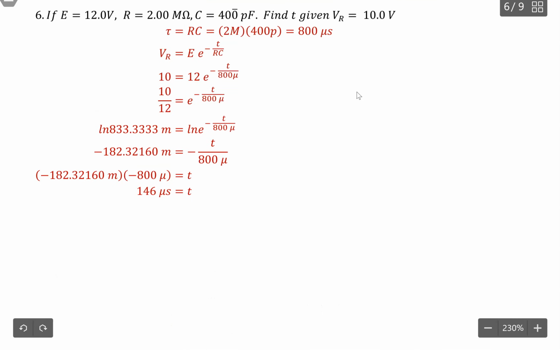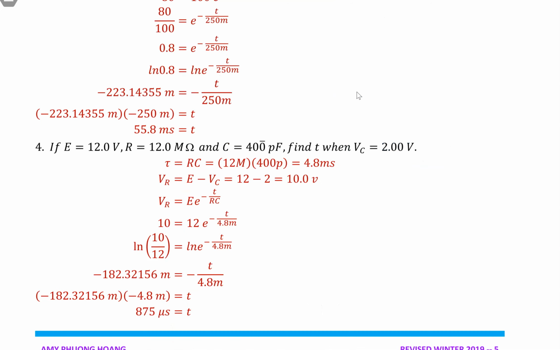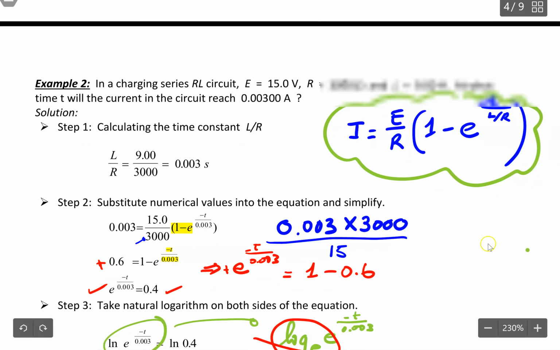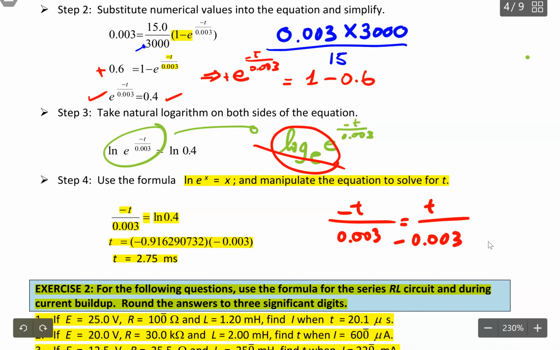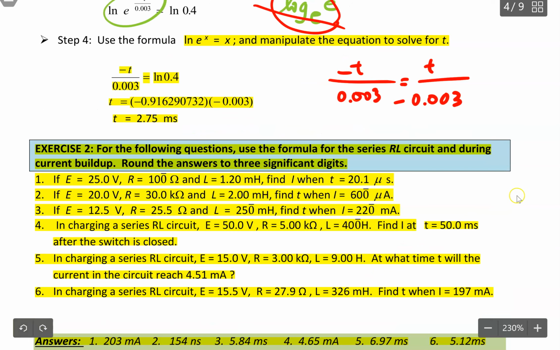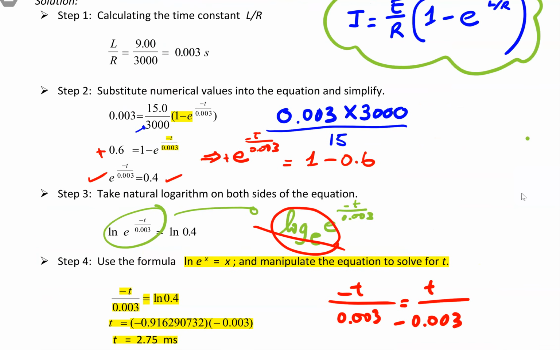I don't think I have anything else to say, except to ask everyone to make sure that you work with the exercise, knowing the keys on your calculator: the natural logarithm key, the e to the exponent key, and the negative sign. Make sure that you work with engineering notation, and find the time constant first. All right, thank you.